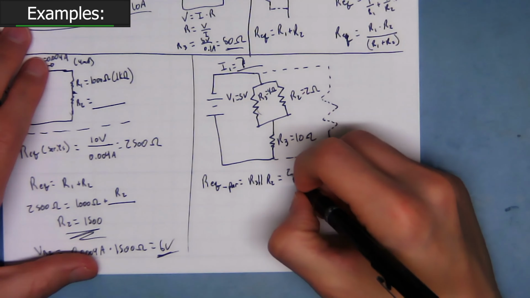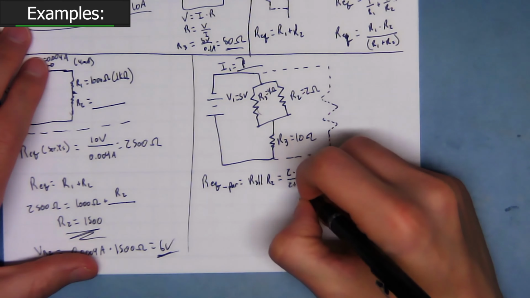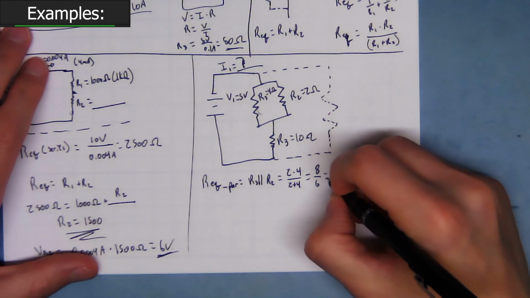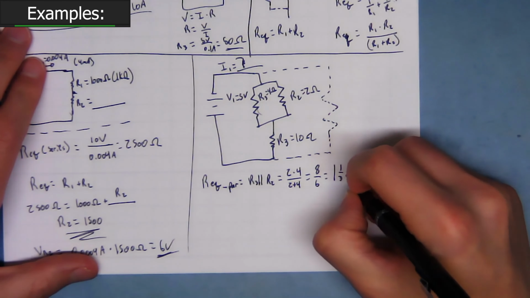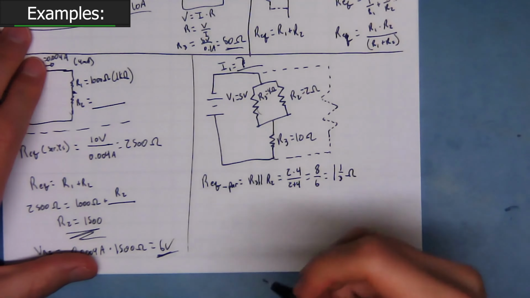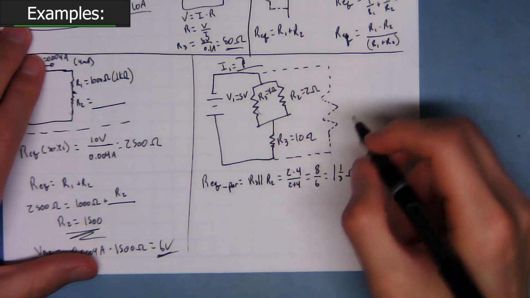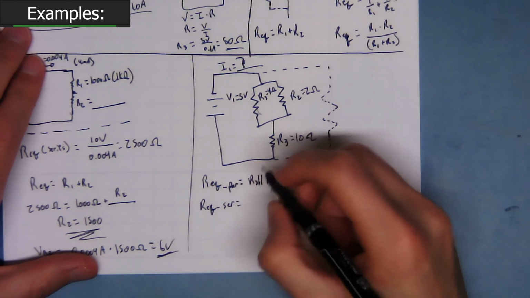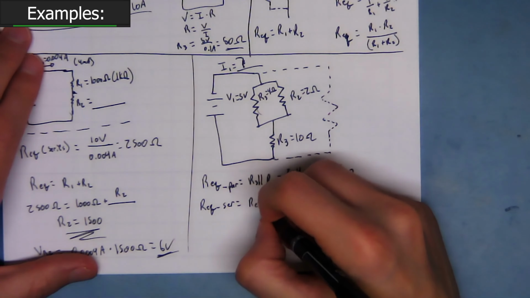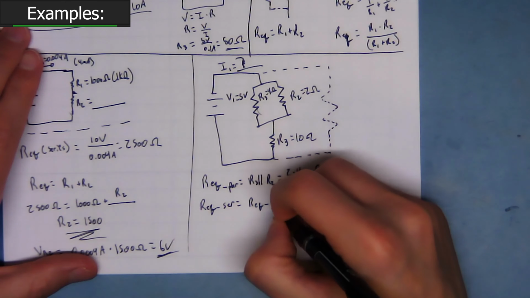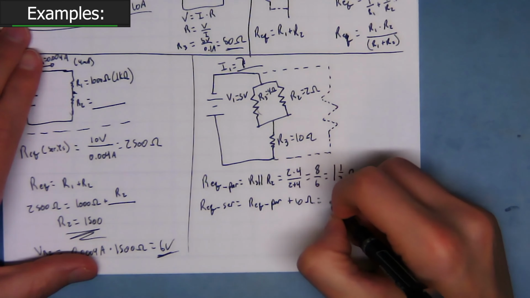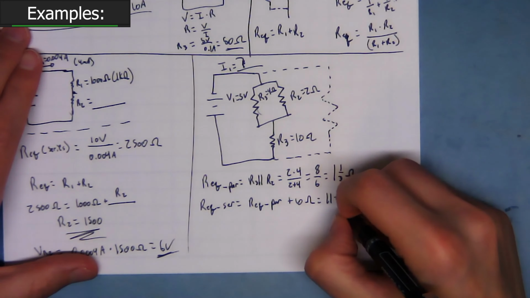So let's say that's 2 times 4 over 2 plus 4. 8 over 6, or 1 1/3 ohm. Okay, so now let's plug that in. Let's do our equivalent series resistance. So now we know that's REQ parallel plus 10 ohms, which is 11 1/3 ohm.